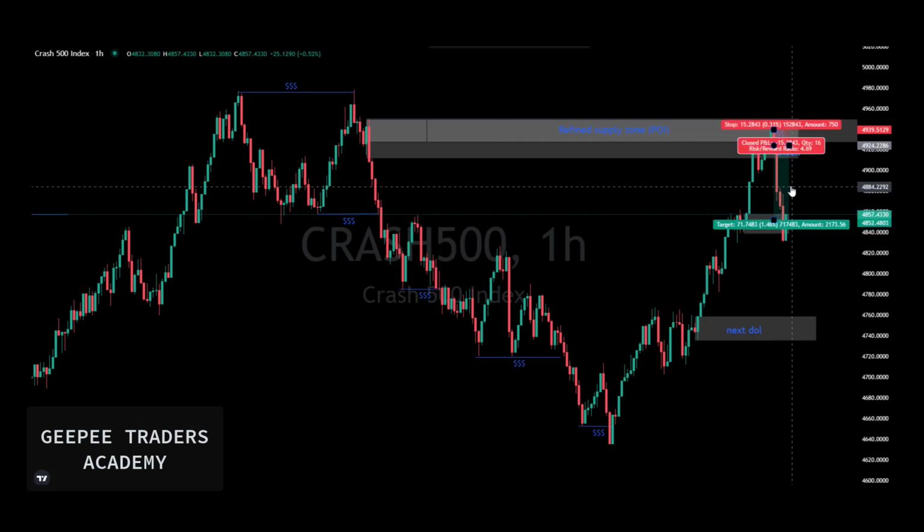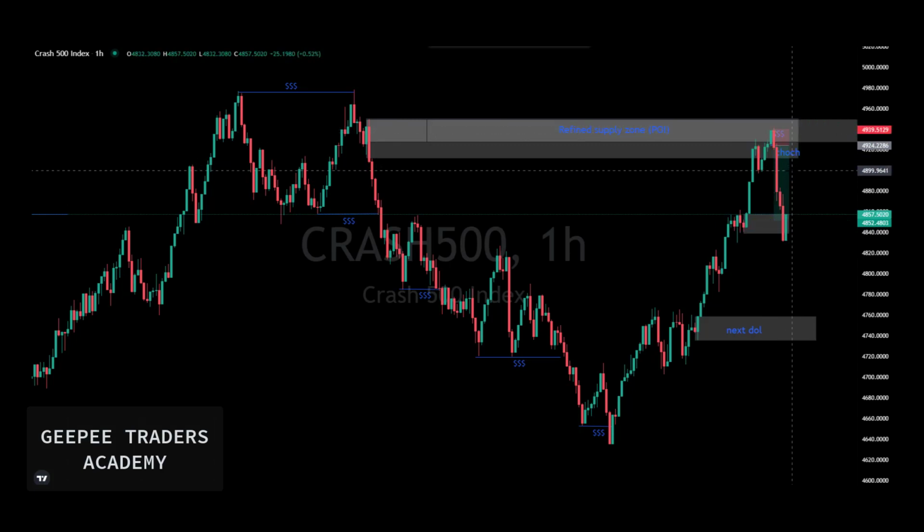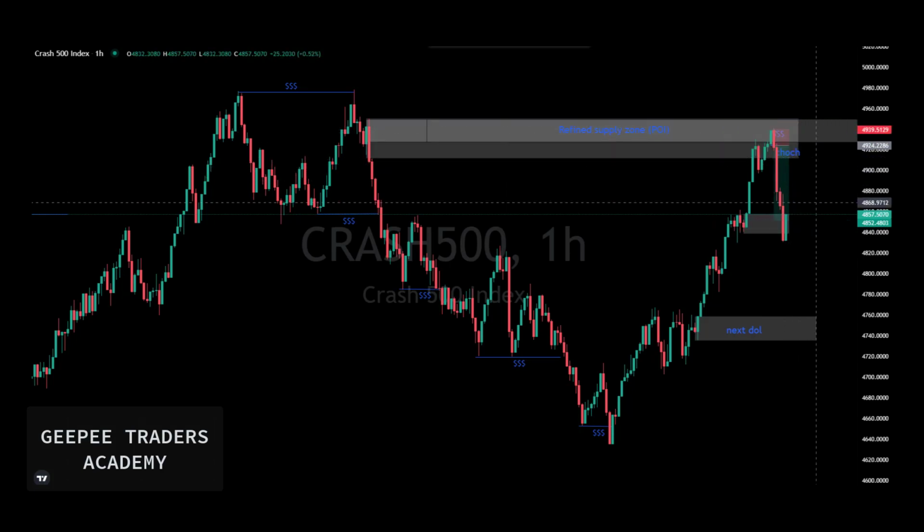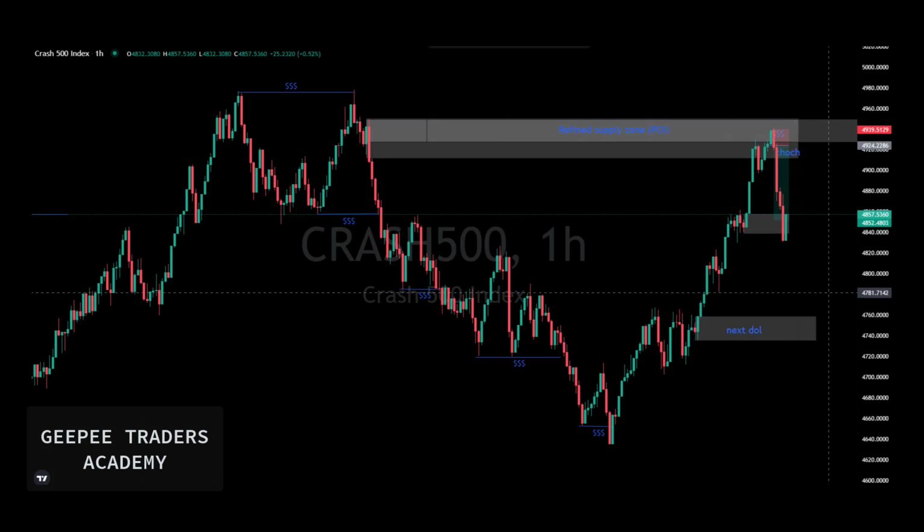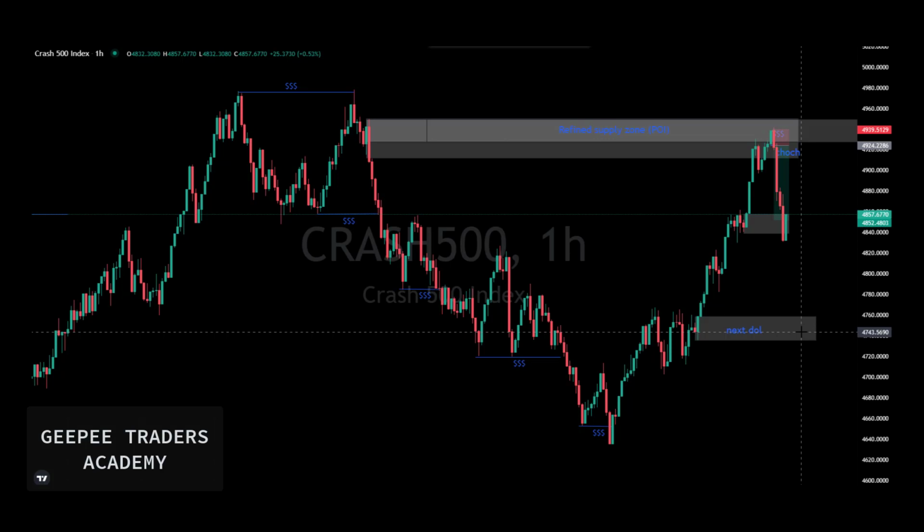Maybe take it up to this point, but respect this high, not take out this high. Play somewhere around here and then drop further, to take out this low and then tap in here. But either way, there's no point risking your equity and playing with profits the market has given to you.